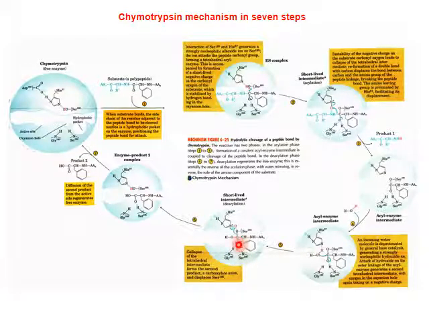Then this intermediate either can go back or it can move forward. If it moves forward, then it reforms the C double bond O, and it's going to break the carbon-oxygen bond that's attached to the serine side chain, and the electrons formed through that bond cleavage are going to pick up the proton from the histidine side chain that was protonated to regenerate our free serine hydroxyl group that's now hydrogen bonded to the histidine group, and then you still have your hydrogen bond with aspartic acid that holds that in place.